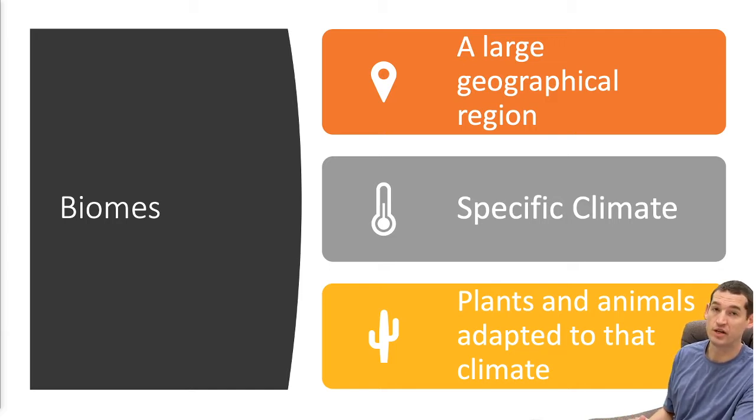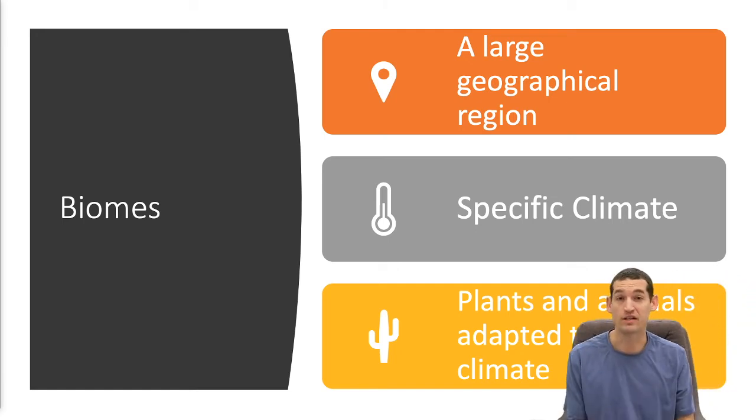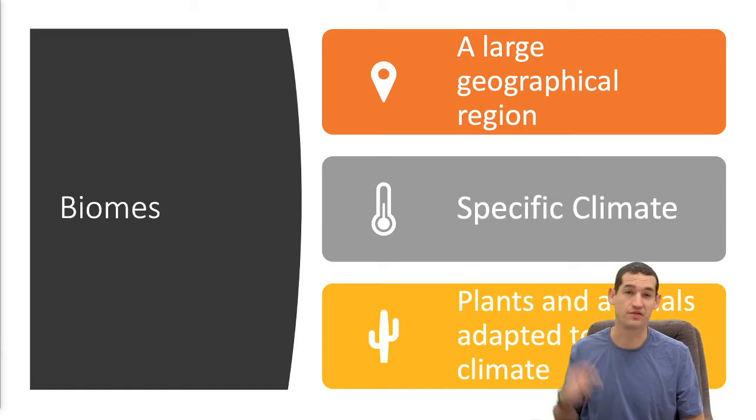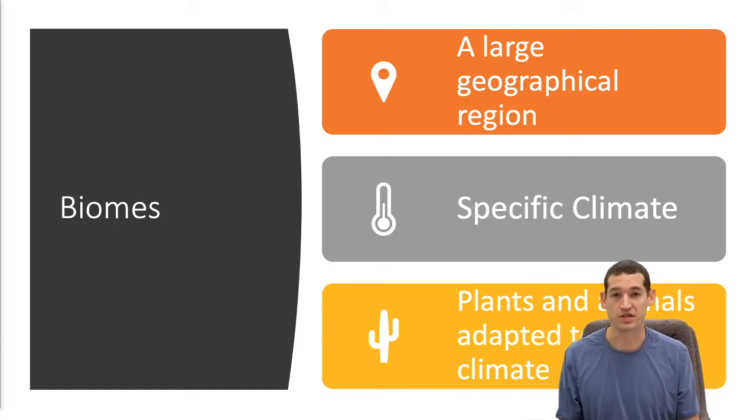There's just not the right amount of sunlight. There's not a warm enough temperature. The soil is not the right conditions to have a nice fertile wheat field. But if you come out onto the prairies, you also aren't going to find a coniferous forest because there's not enough moisture. So each of these areas, because of that specific climate, have very specific plants and animals that tend to live in those areas.